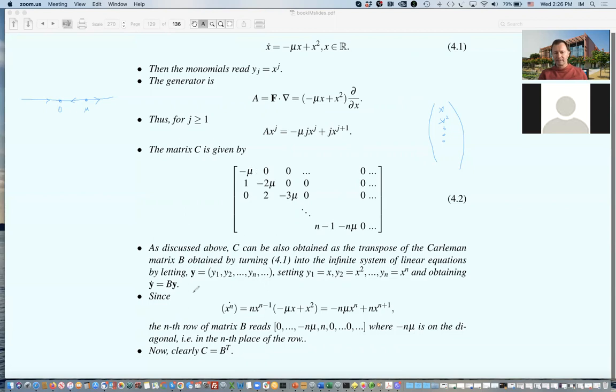So if you wrote it as Carleman did, as y dot is equal to by, where y is actually the vector of monomials, then you would get b to as a transpose of c, and c is the representation of the Koopman operator in the quote-unquote basis.